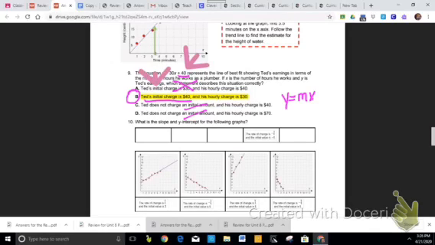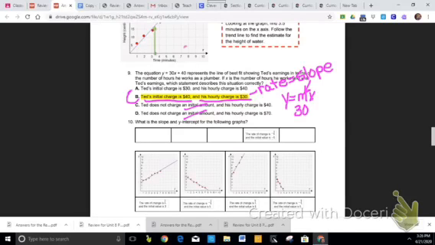But let's check the rest of the answer. It says, and his hourly charge is 30. His hourly charge is his rate. And his rate is always his slope. And his slope is always the m. So, do we have 30 in for our m in our equation? The answer is yes.